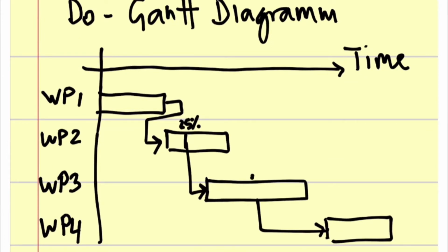And you need to be ready with work package 3 by 50% in order to start with work package 4. This is just the way it's represented, in a way that you can also write like this.